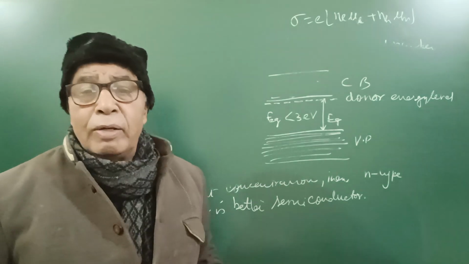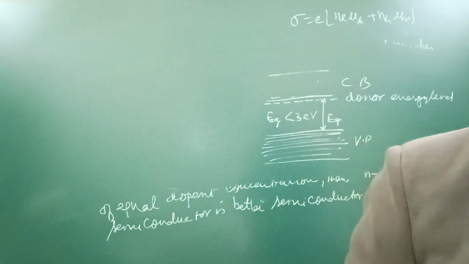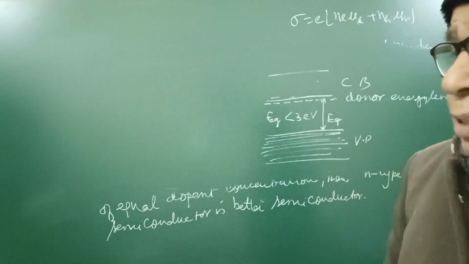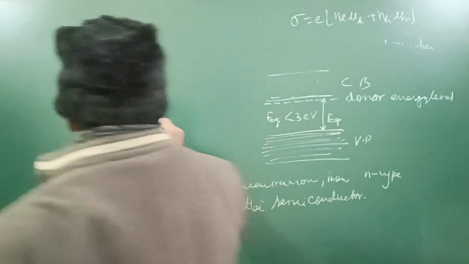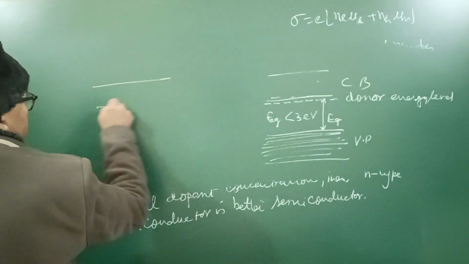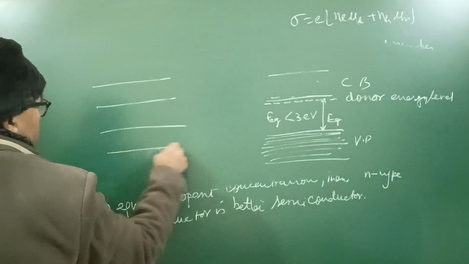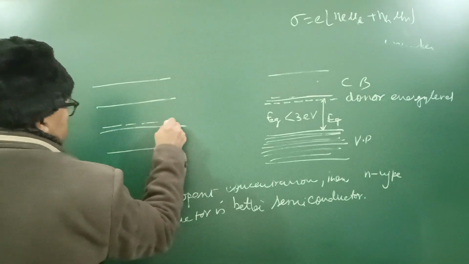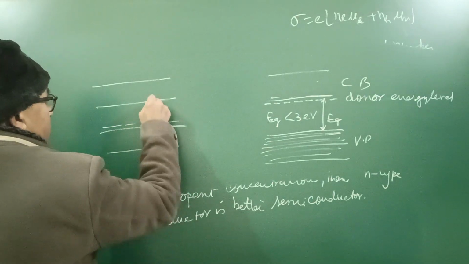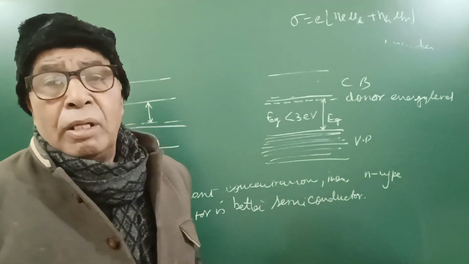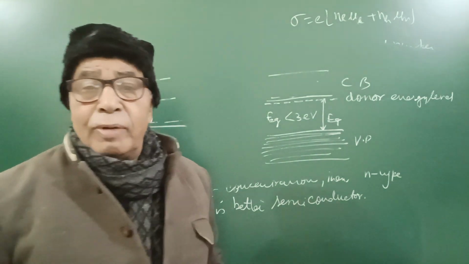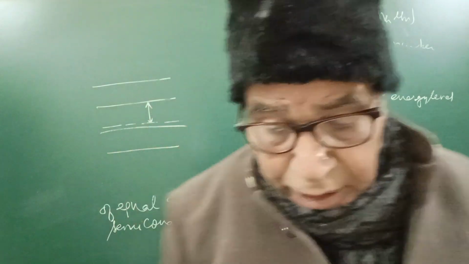So when we dope a pure semiconductor with pentavalent or trivalent atom, in case of p-type semiconductor, it is the acceptor energy level. Again, here the gap is this. So on doping the pure semiconductor, the energy gap between valence band and conduction band decreases.